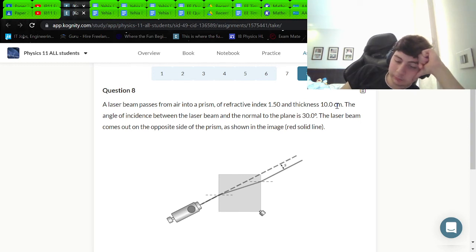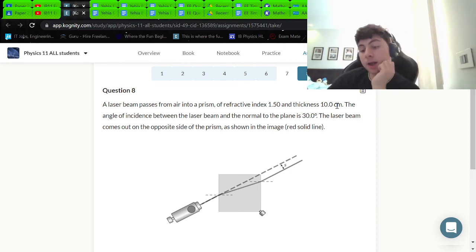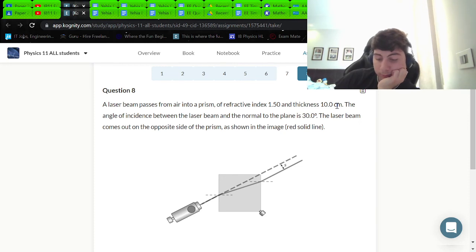Can we get the speed from that? Oh my god, I'm genius. So since n is c over v, we can get the speed, and then we can get it from the v and the n. So let's do it for the first one. So 1 equals c over v. What was my idea? I just forgot it.